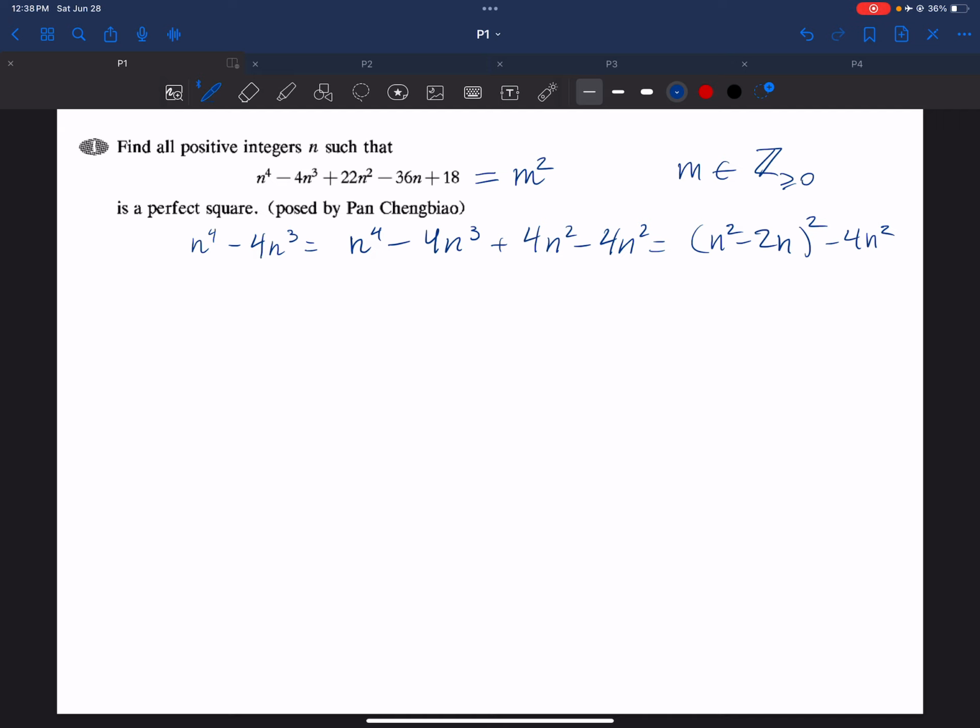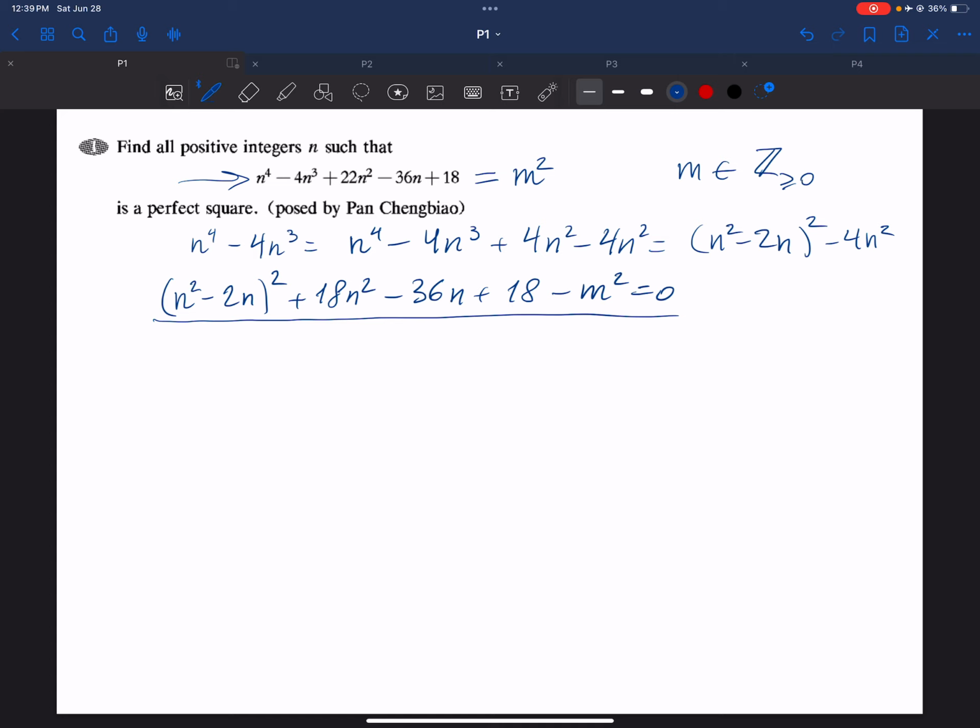Our equation is then, if I use this and put it into the equation, we get n squared minus 2n squared minus 4 plus 22, so plus 18n squared minus 36n plus 18 minus m squared equals 0.